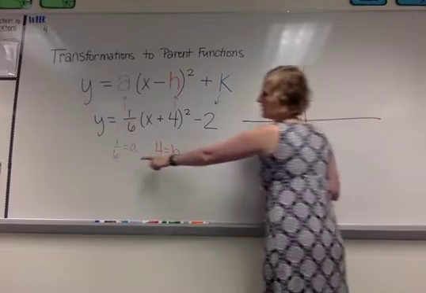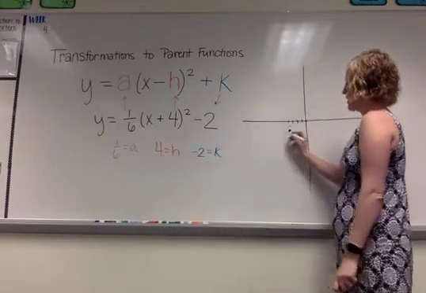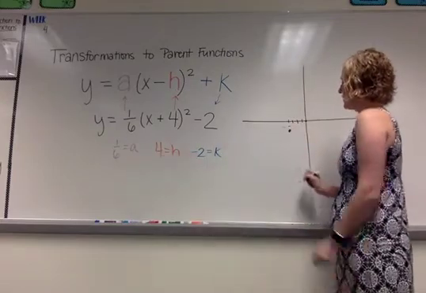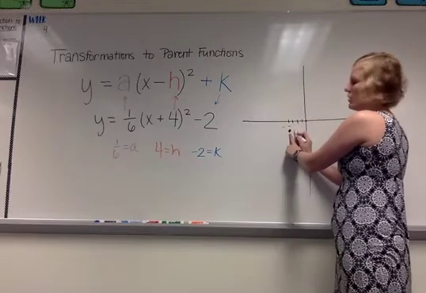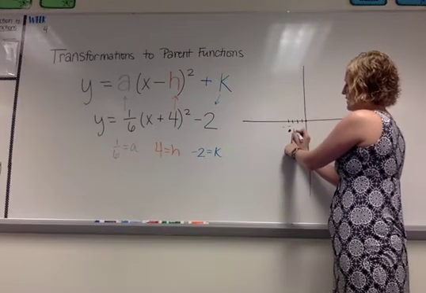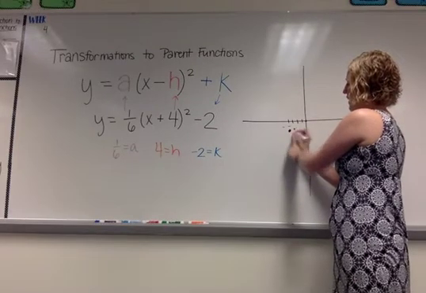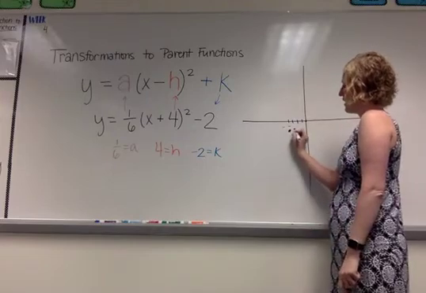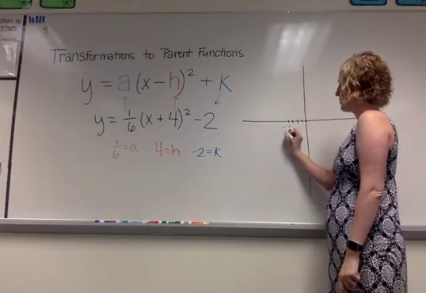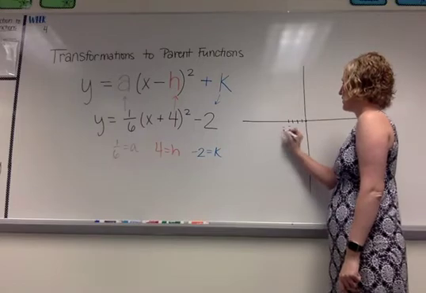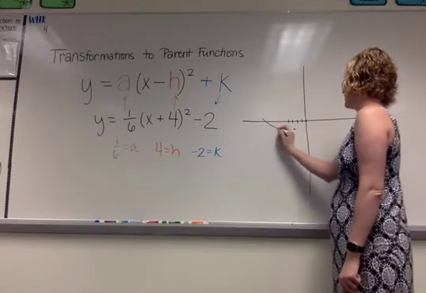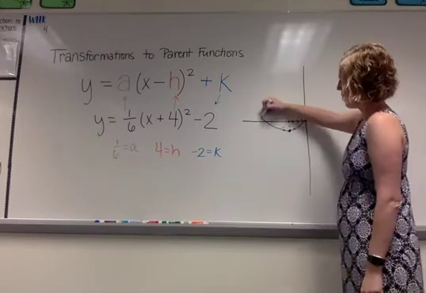The compressed is harder, but the easiest way to do it is if you move over 1, you should only move up a sixth of a point. So move over 1 and up a sixth of a point. So that's a really wide parabola.